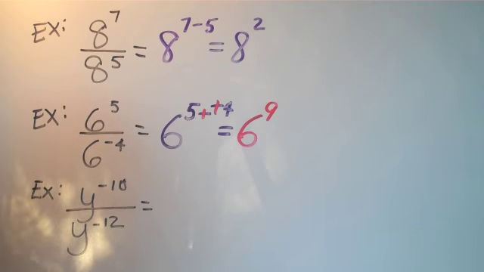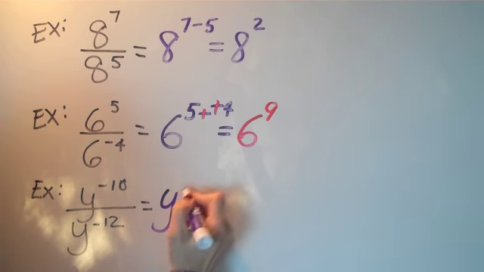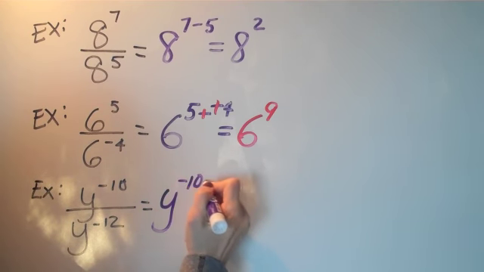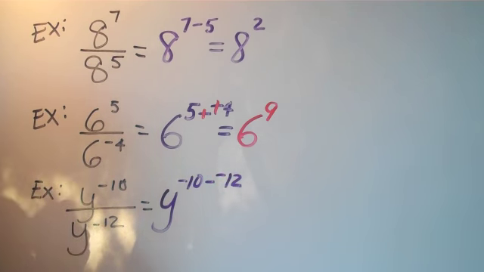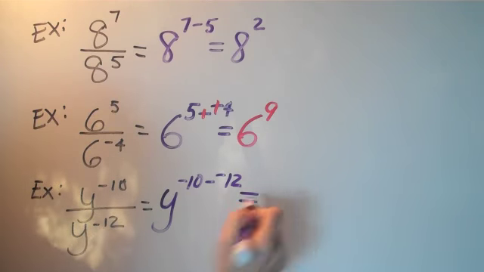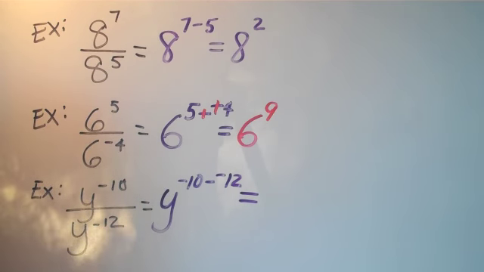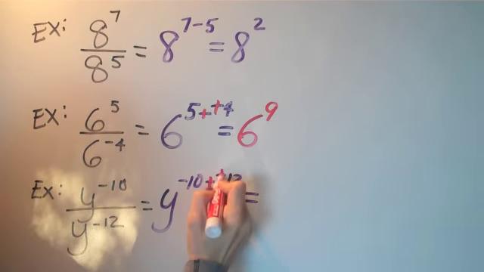And finally, in the last one, y to the negative 10 divided by y to the negative 12. That becomes y to the negative 10 minus negative 12. Well, again, remember those integer rules. I told you they would follow you. These two signs, again, become plus.